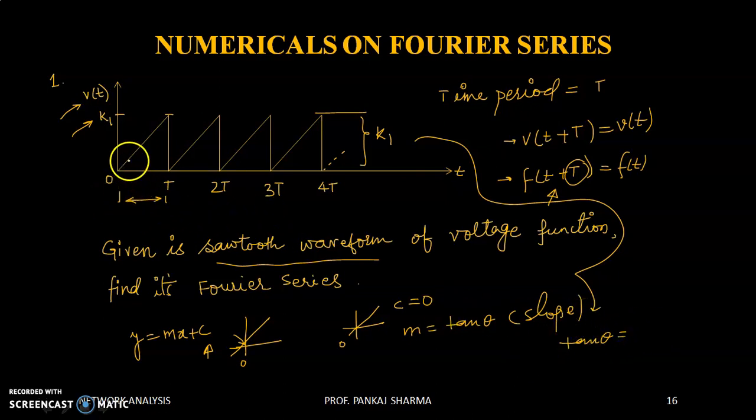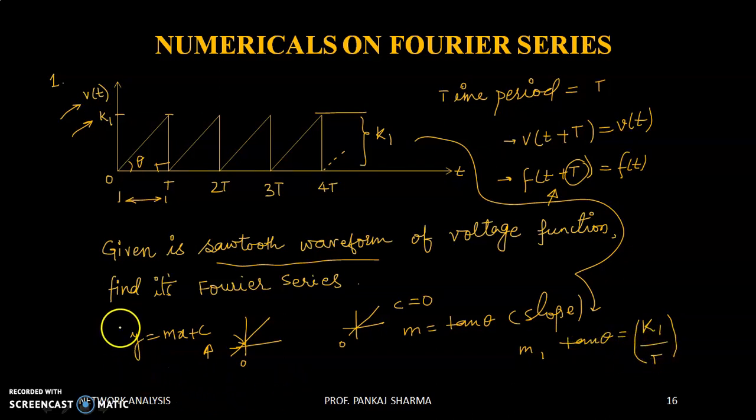This is your theta, and this is your 90 degree. So tan theta is equal to perpendicular upon base. The perpendicular is your K1 value and base is capital T. So we have found m, or tan theta, is equal to K1 upon T.